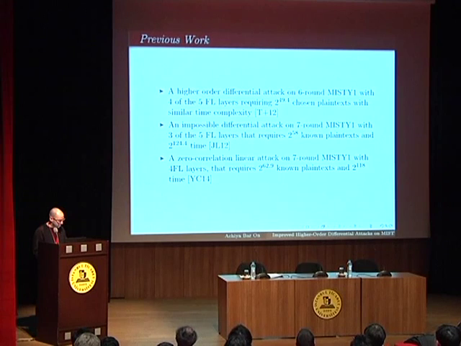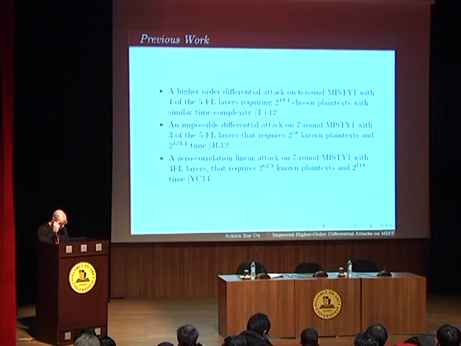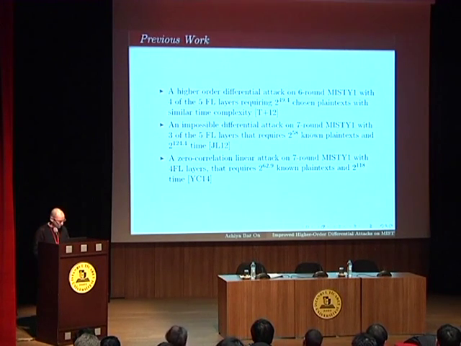The best attacks to date are a higher order differential attack on 6 rounds of MISTY1 with 4 of the 5 FL layers that requires 2^49.4 chosen plaintexts with similar time complexity by Tsuno and others, and an impossible differential attack on 7 rounds with 3 out of the 5 FL layers that requires 2^58 known plaintexts and 2^124.4 time.